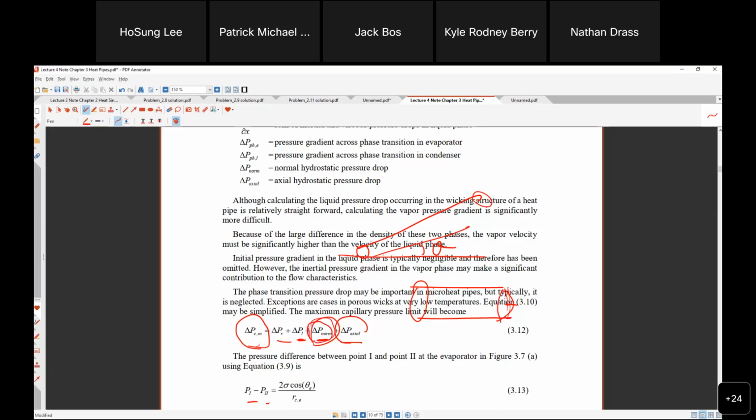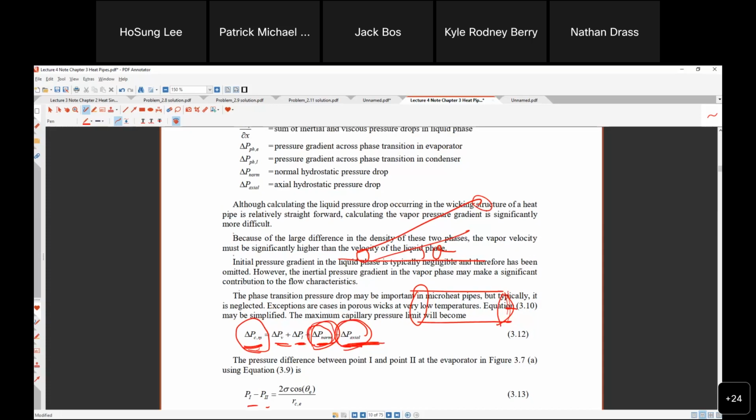This is small. Axial, if it is horizontal, there is none. Anyhow, they put the vapor, liquid, normal, and axial. That must balance pressure 1 and 2. Critical.